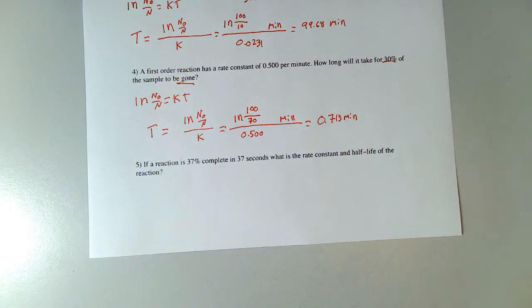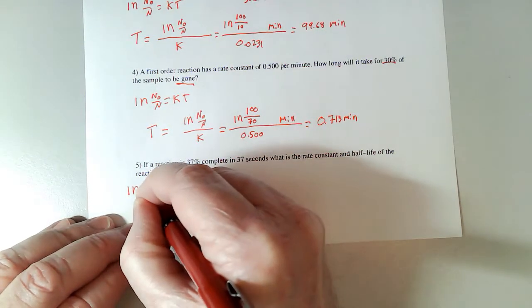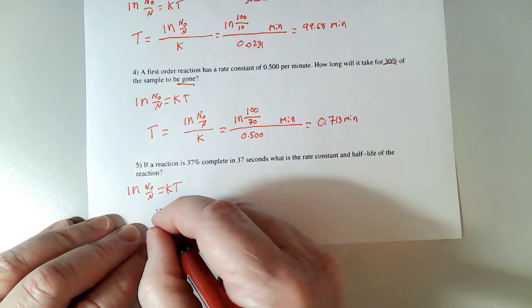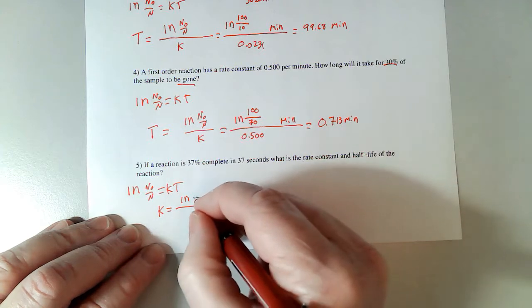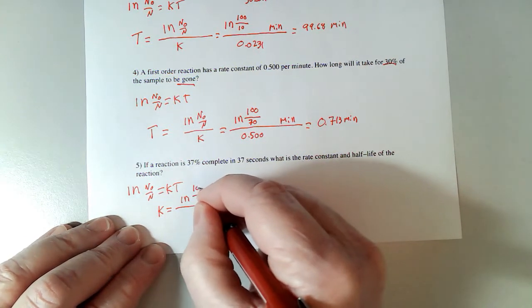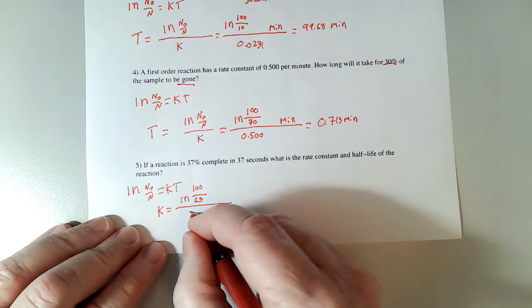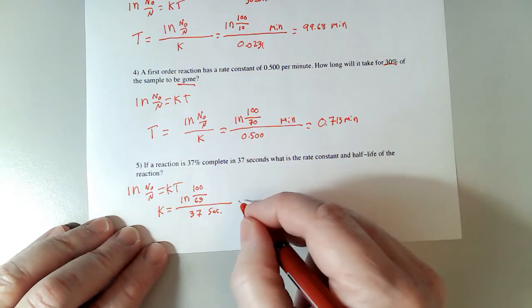Now, if a reaction is 37% complete in 37 seconds, what is the rate constant and half-life of this reaction? ln of n naught over n equals kt. I'll get my rate constant first. k equals ln of 100% to start with, 37% complete means 63 to finish with, over 37 seconds.